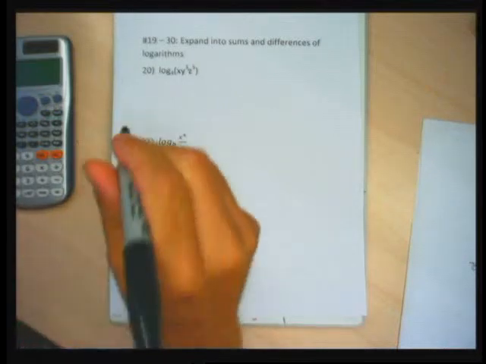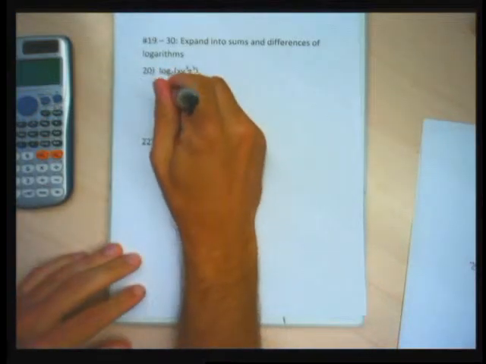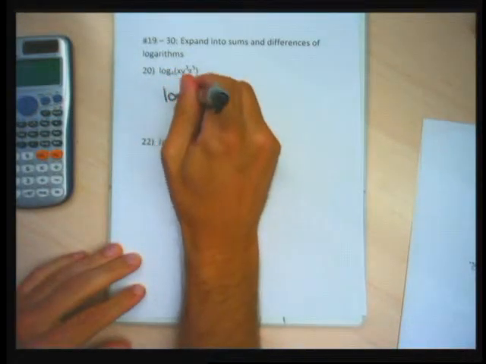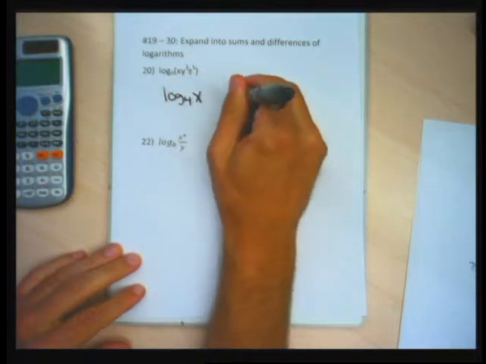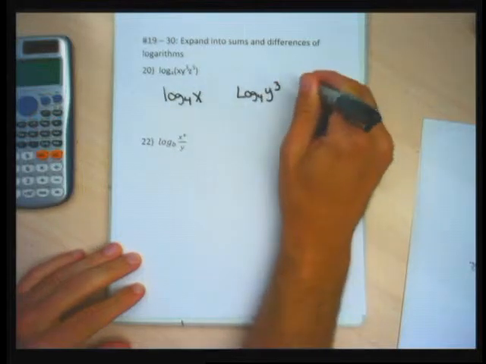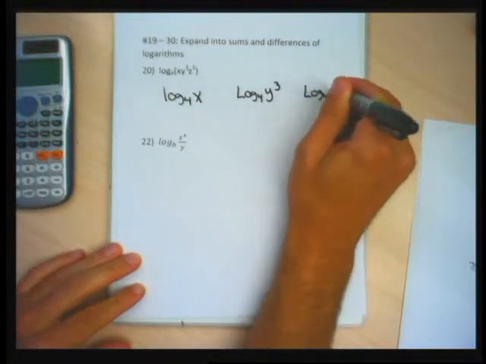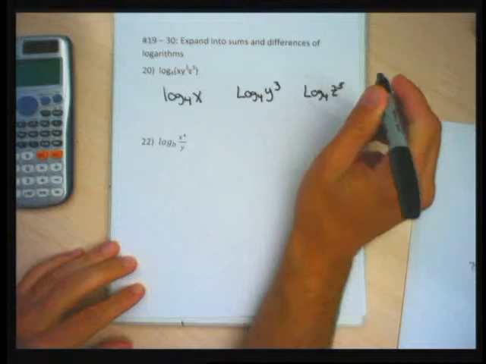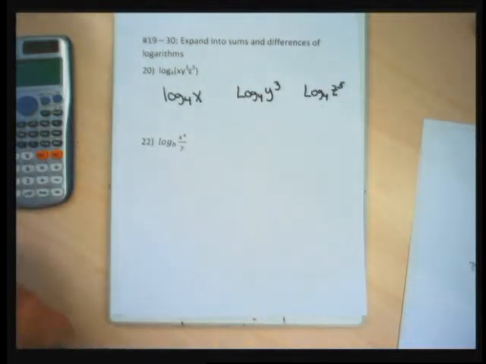So in problem 20, I know I need to expand into 3 logarithms, one for the x, one for the y cubed, and one for the z to the 5th. When you're asked to expand, generally the problem starts with one logarithm, and you want to make as many logarithms as there are letters.